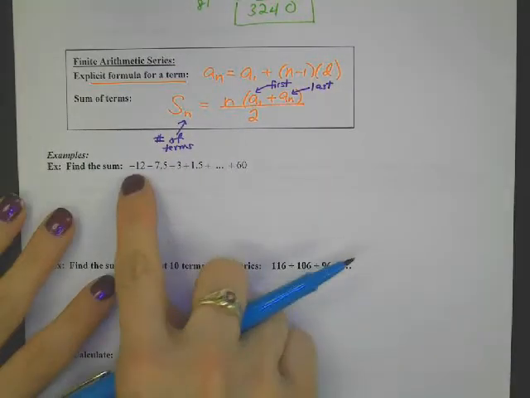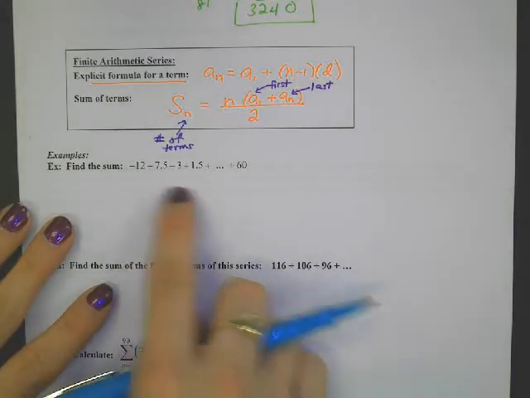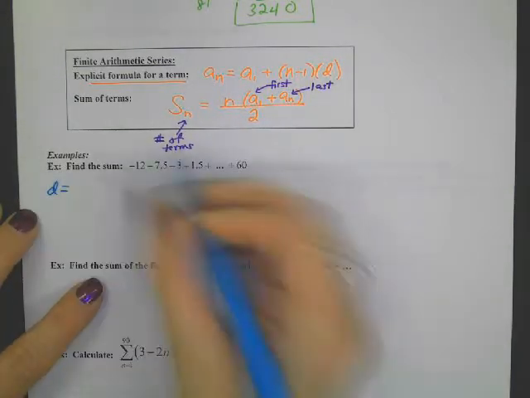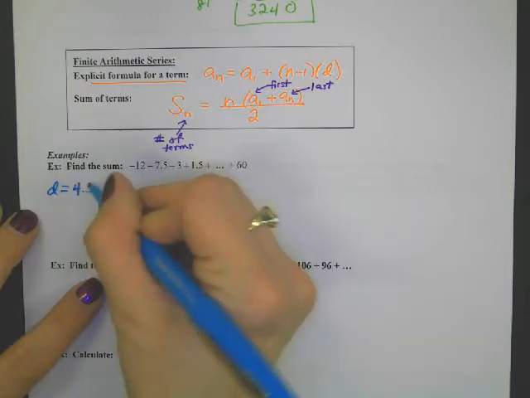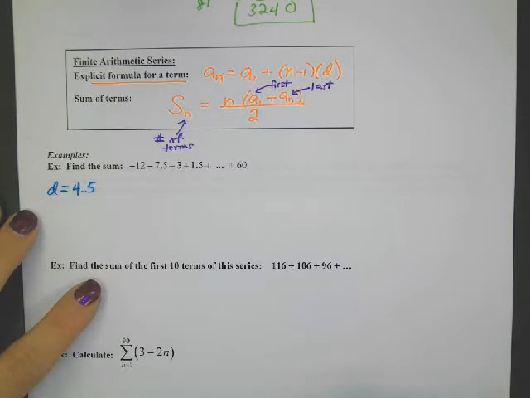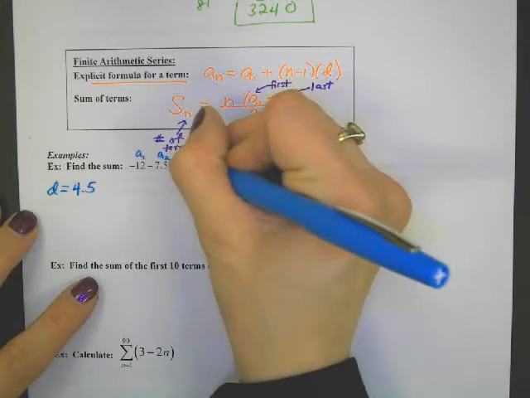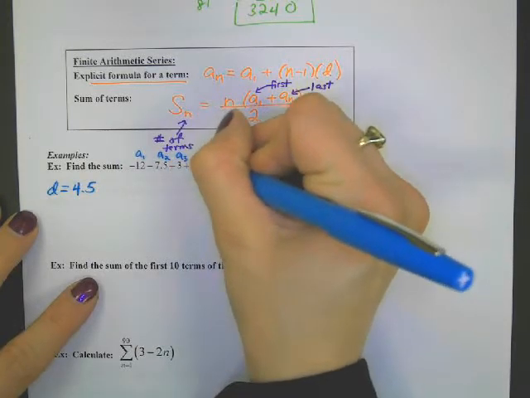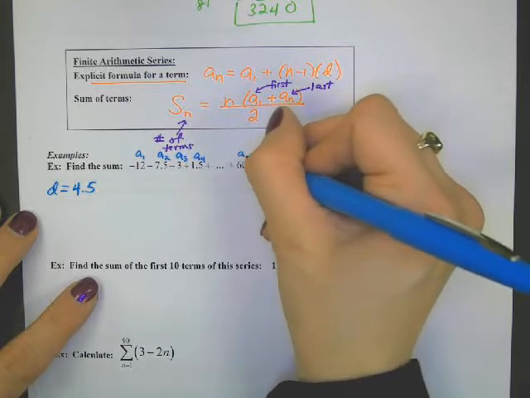So first of all, is this arithmetic? Okay, I believe that it is. The d that they keep adding is 4.5. Okay, so this is a number 1, a number 2, a number 3, a number 4, and this is a number, I don't know. Let's call it a sub n.